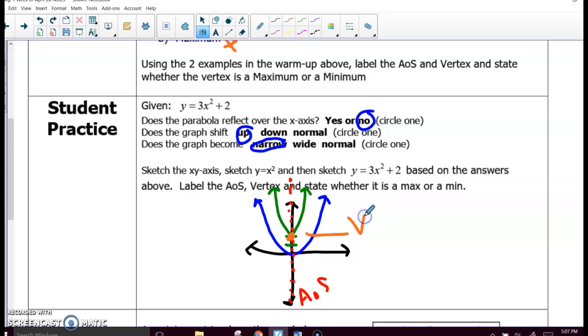I'll call that my vertex, and the coordinates of that are 0, 2. And then they've asked us to state whether it is a maximum or a minimum. Is it the lowest point on your graph or the highest point? Because my parabola opens up, it is the lowest point, which makes it a minimum.